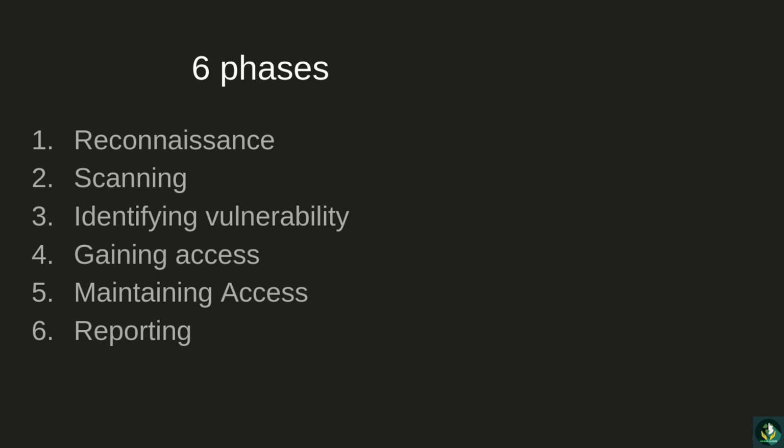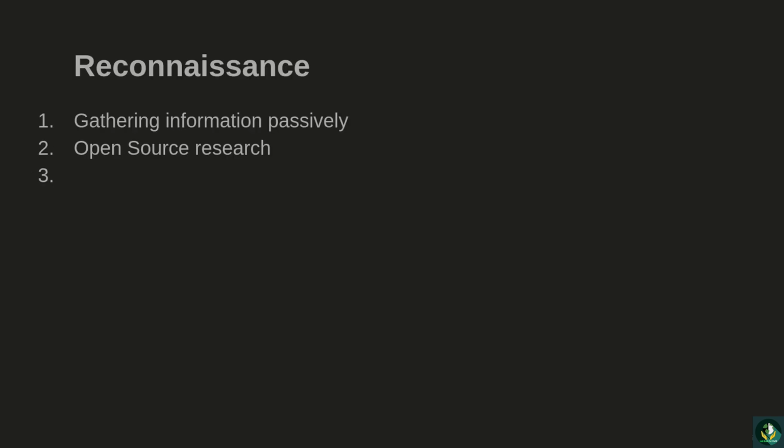So if you're a penetration tester or an ethical hacker, you need to do this, even if you're doing this as a freelancing job. So reconnaissance means gathering information passively. What does that mean? That means you're not going to go to the company to ping the system, or start hacking it or scanning it actively, okay?